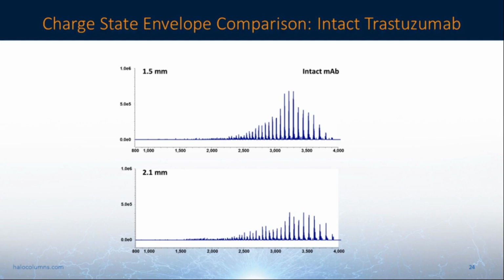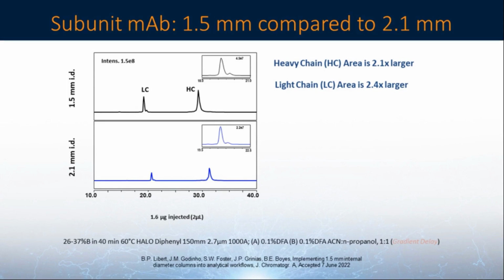For the charge state envelope comparison for intact trastuzumab, the overall shape characteristics are not vastly different. For the most abundant charge states, the pattern is slightly different. And you can see the 1.5 millimeter results are on the top compared to the 2.1 millimeter results on the bottom. For the subunit mAb in which trastuzumab was reduced and alkylated, we have here the comparison of the 1.5 millimeter ID results in black on the top compared to the 2.1 millimeter ID results in blue.